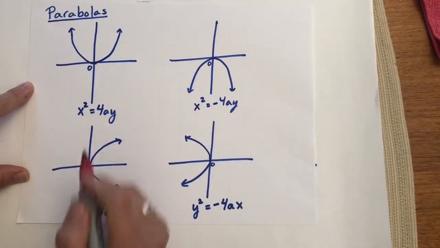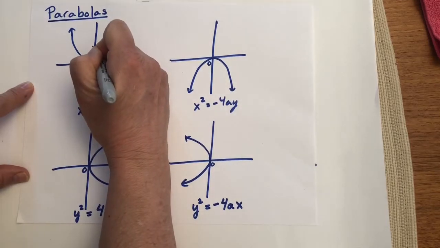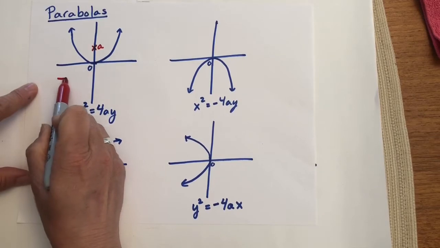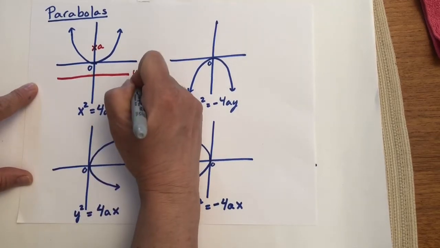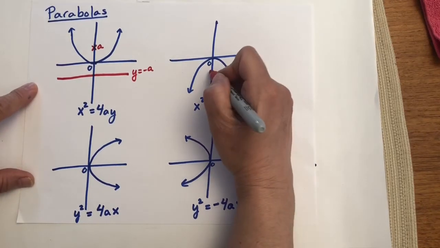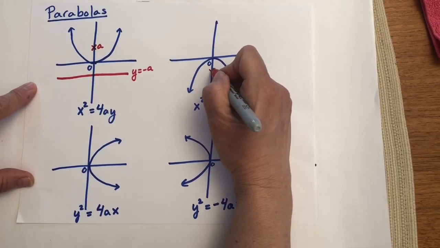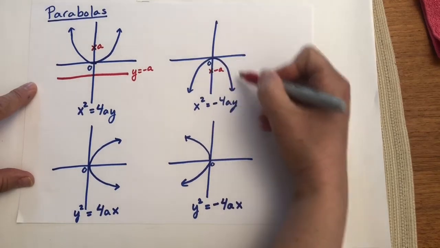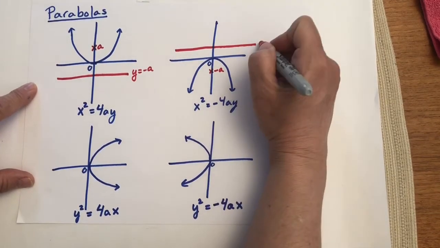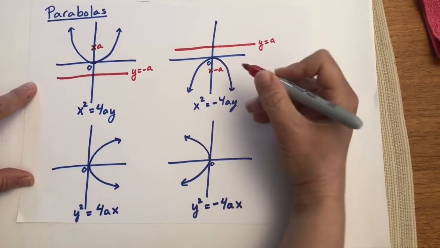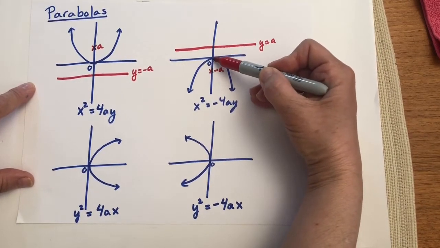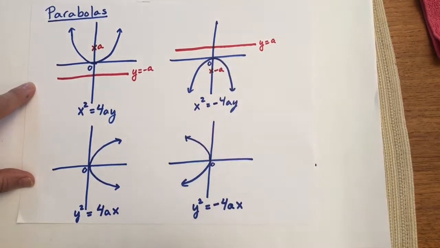So for example, on this first one, the focus would be up here at A, and the directrix is on the opposite side, so it would be here at y equals negative A. Similarly, the focus would be here at negative A because it's inside the parabola, and the directrix would be here at y equals A. Again, the distance from vertex to directrix and vertex to focus is always A units.